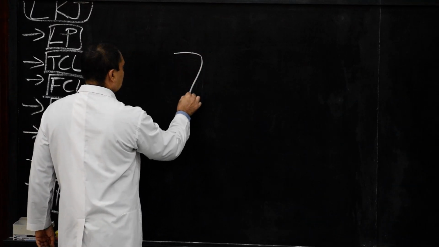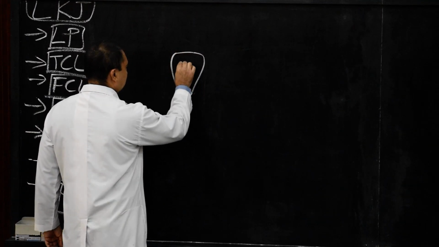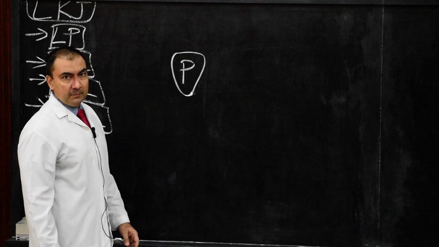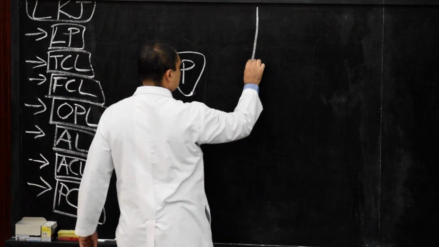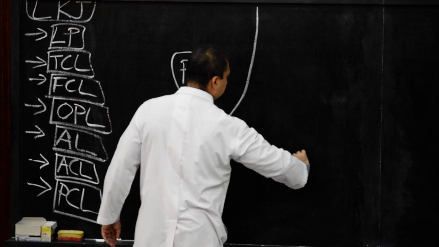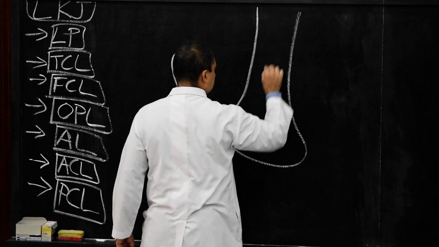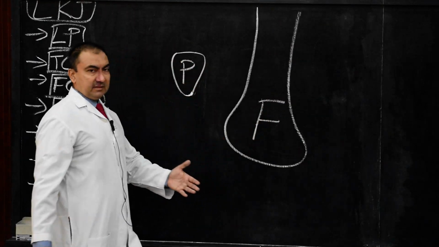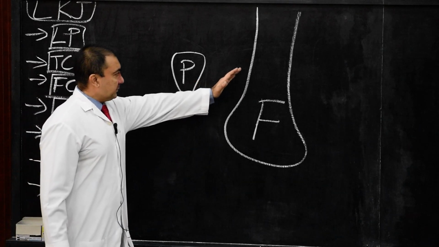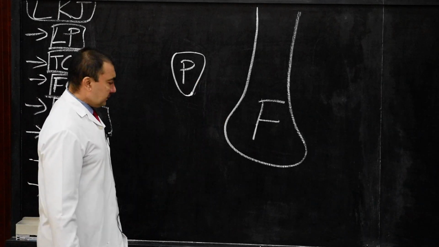So this will be the patella, in just a simple line diagram, and this will be the femur. Of course this will be a sagittal section, showing the infrapatellar articular surface of the femur.